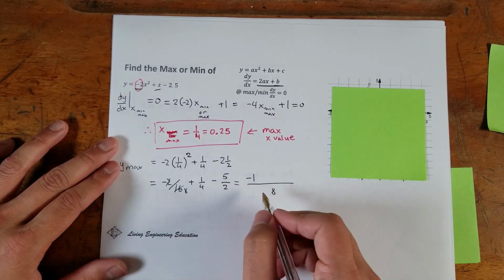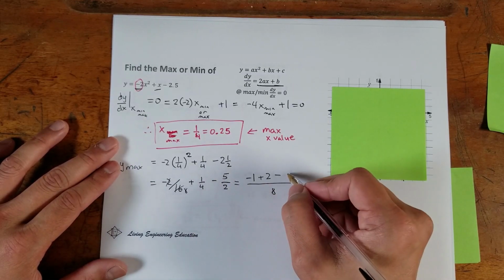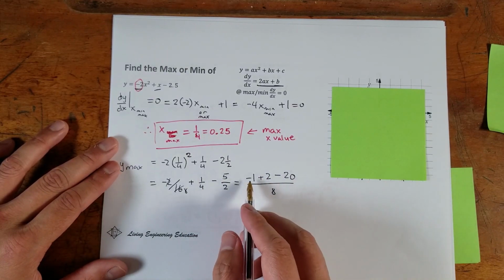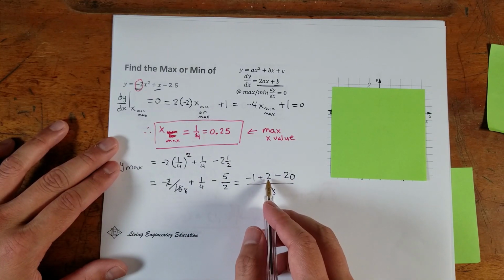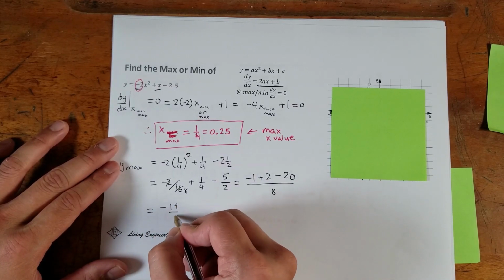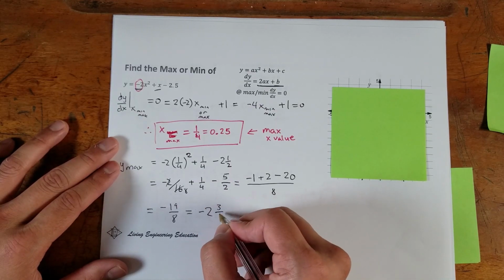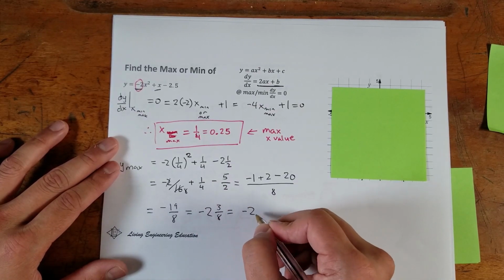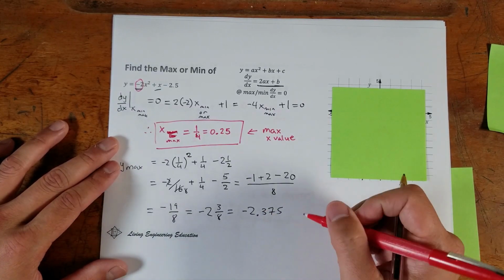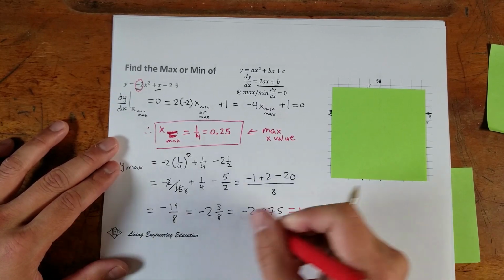Negative 1 for this term. This will be plus 2 minus 20. Okay, so minus 1 plus 2 is plus 1, so minus 19 over 8, or negative 2 and 3/8, or negative 2.375. So this is my y max.